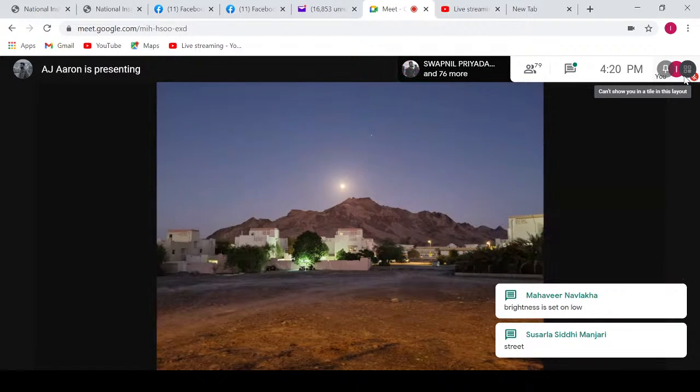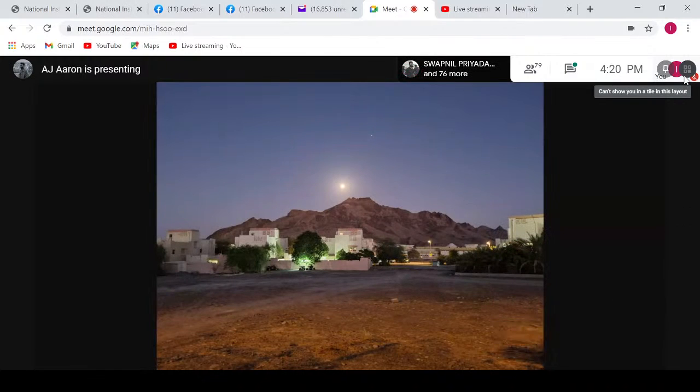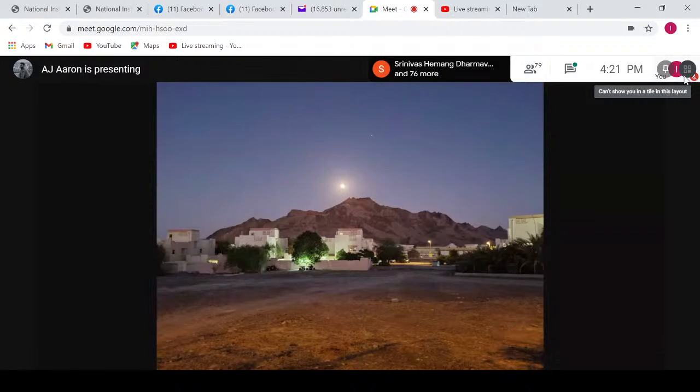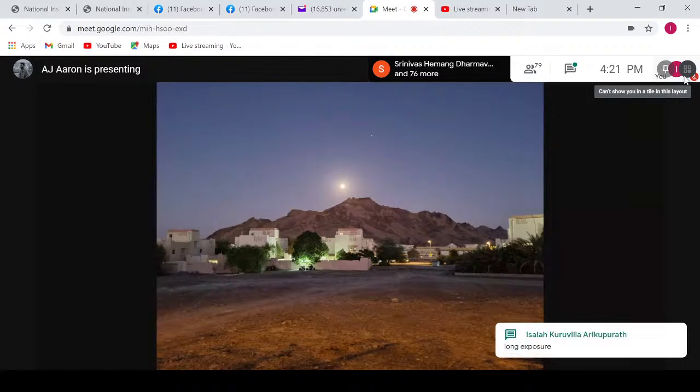Okay, let me read the comments. Brightness is set on low, street adjusted ISO, moon and star. No. Nobody is quite there yet. But do you want to explain what you did here?